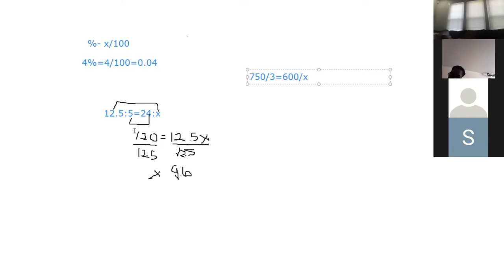So instead of doing ins and outs, you're going to do 750 times x equals 1800, which is 3 times 600, right? And then divide both sides by 750, and you get 2.4, correct? So 1/300 divided by 3 equals 1/20 equals x.